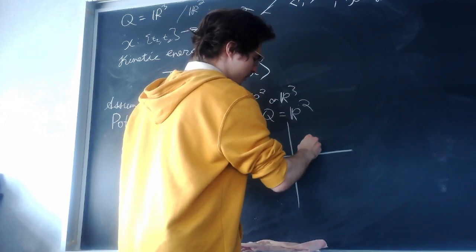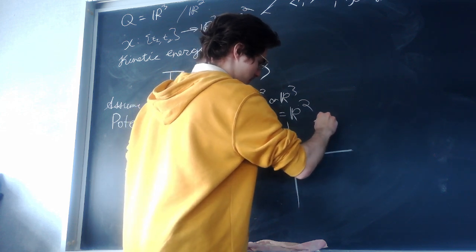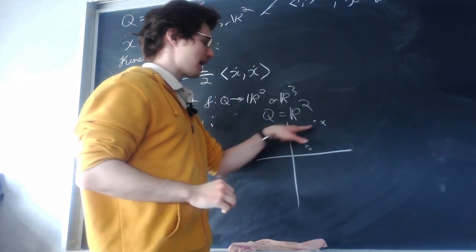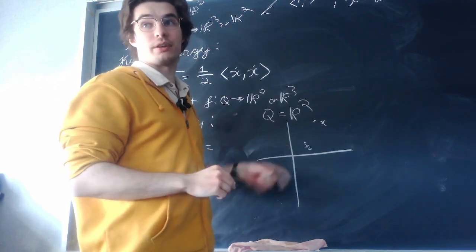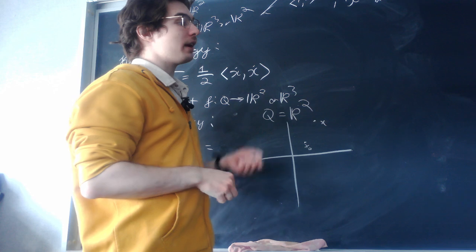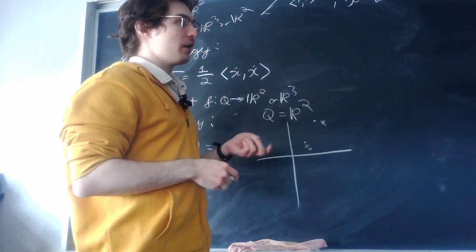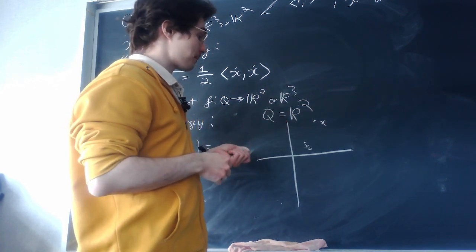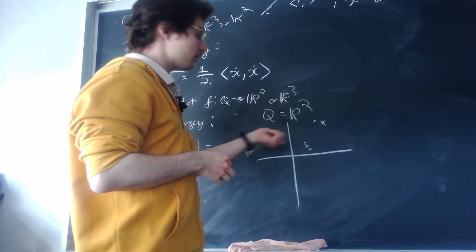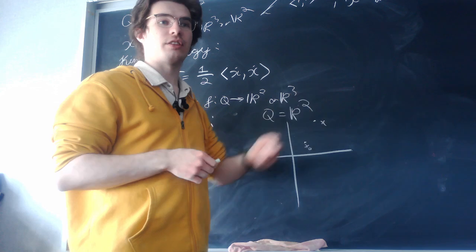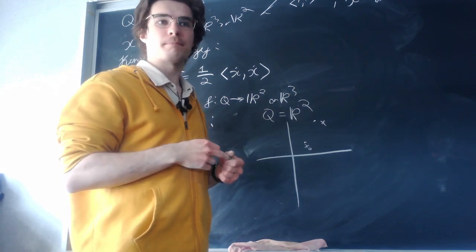Now suppose I want to define the potential at this point with reference to this point, right? Now if I want to define this integral, I need to define some kind of path to take this integral along. Do you agree?